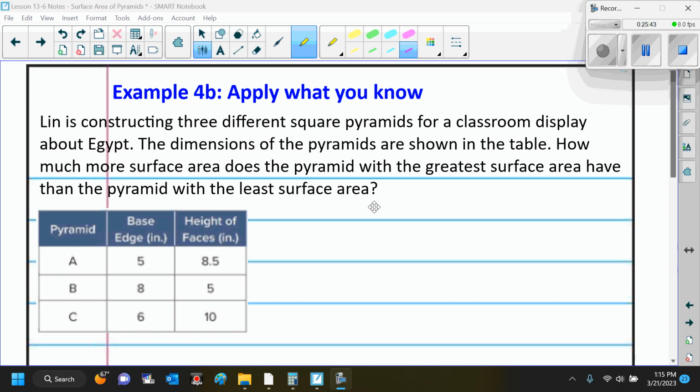So, to figure this out, we want to find the surface area of each of those pyramids, and then because it says how much more, we're going to subtract the biggest minus the smallest. Okay? So go ahead and press pause and get that one done.